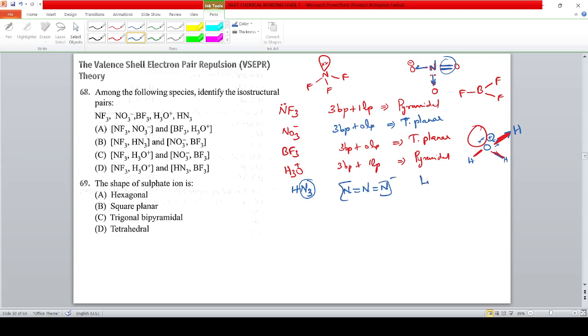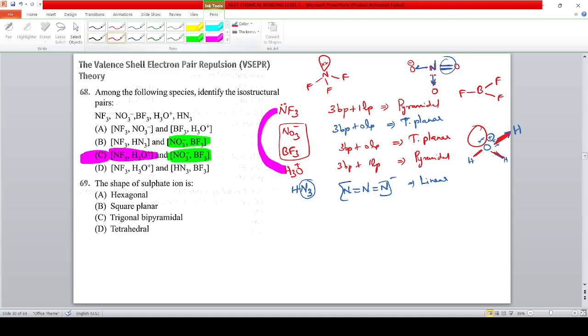So this is linear in straight chain. Okay, so now think of who are all isostructural, NO3 minus and BF3. So the answer may be this or this. And NF3 with H3O plus. So NF3 with H3O plus. So the answer for the question is option C. 68th question answer is option C.